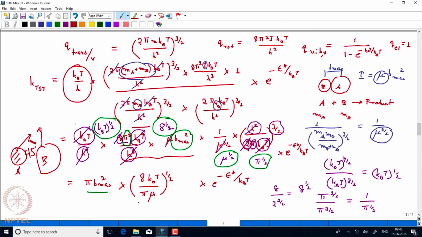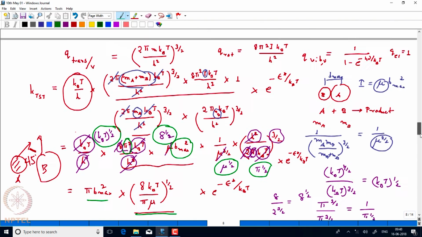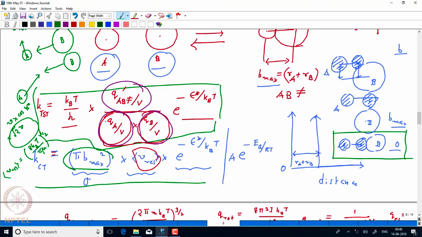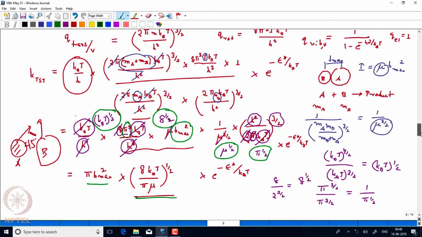Now as you can see, we have actually got back our collision theory rate expression, that I have pi Bmax squared, and then I have 8 kBT by pi mu raised to the power half, which is an average of the relative velocities, and times this Boltzmann factor. So now we see that we can easily show that kTST is equivalent to kCT, or the collision theory, if we think that the reaction is happening due to bimolecular collision between two structureless atoms or molecules.